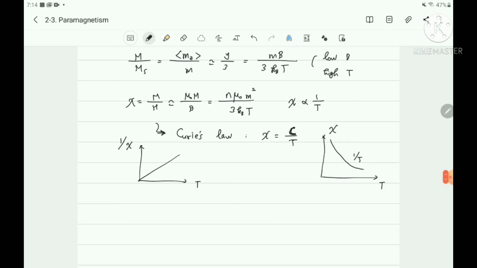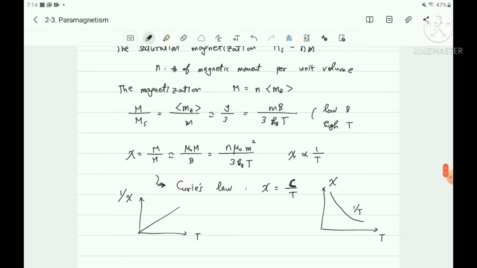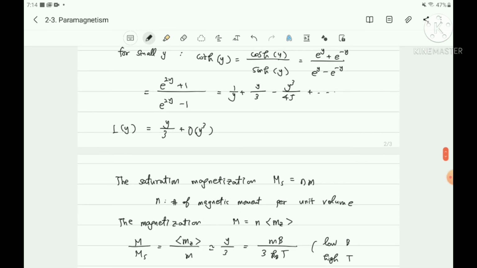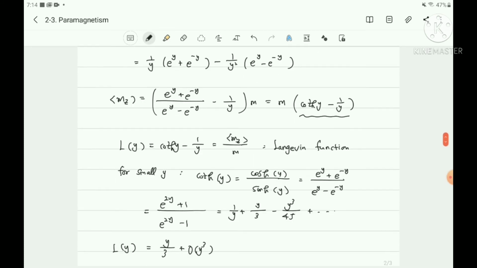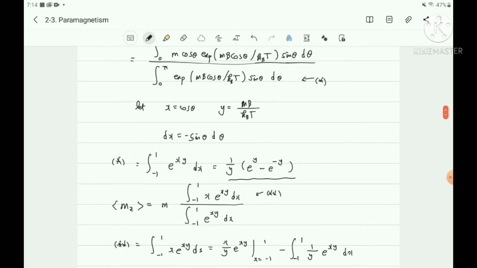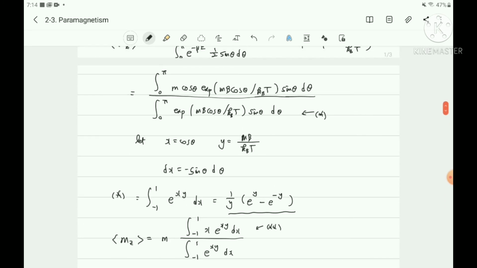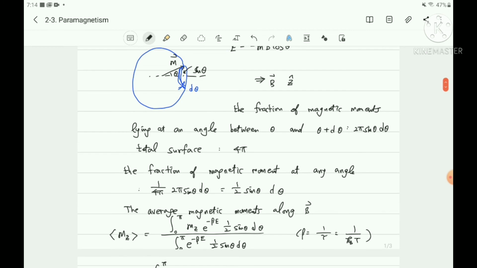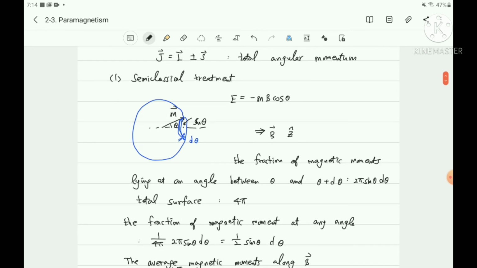It is the Curie law. It is a semi-classical treatment because we consider the integral over a continuous magnetic moment, and the magnetic spin can have an arbitrary direction.